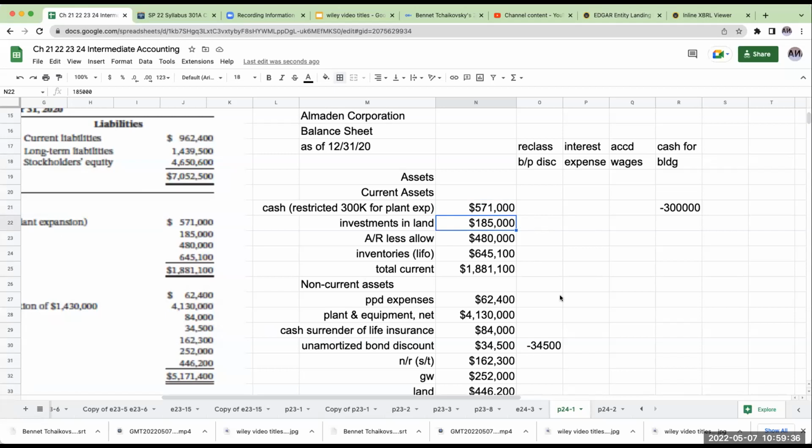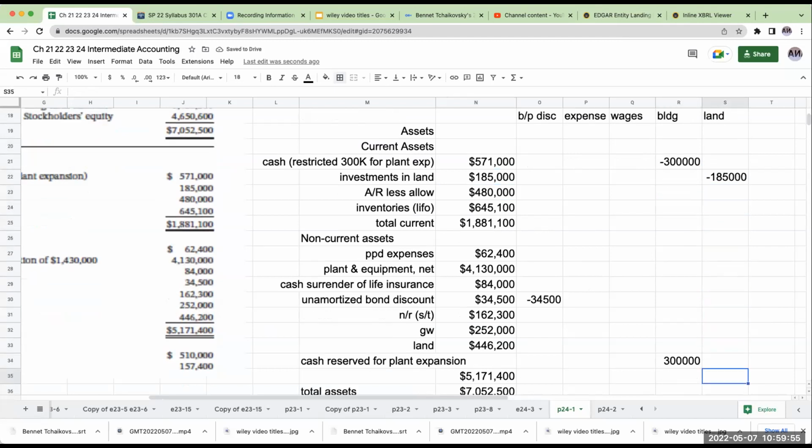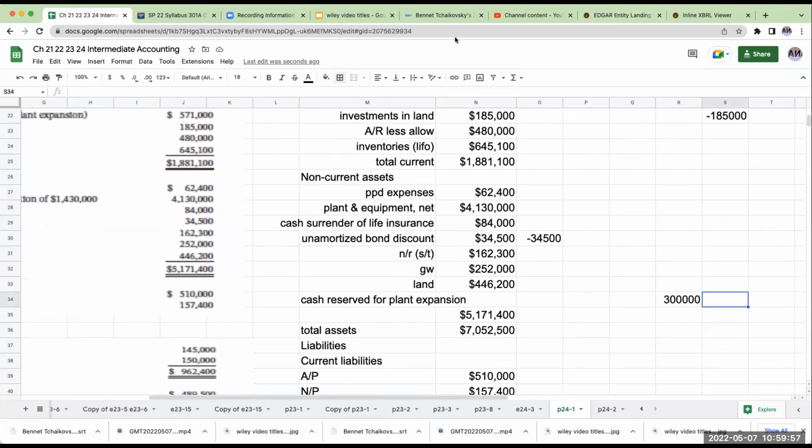That's not going to be a current asset, so let's go ahead and get rid of that. And we'll just call it down here, investments in land.